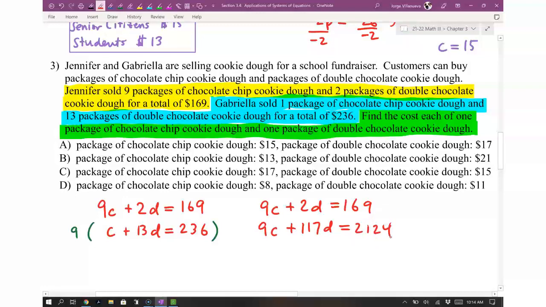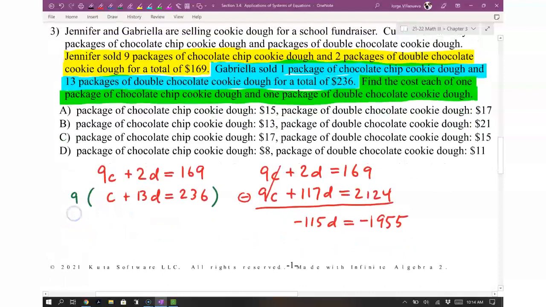So to eliminate 9 C's, I'm going to subtract, okay? We'll subtract, and this cancels. 2 minus 117 is negative 115D. And 169 minus 2124 is negative 1955. Okay?